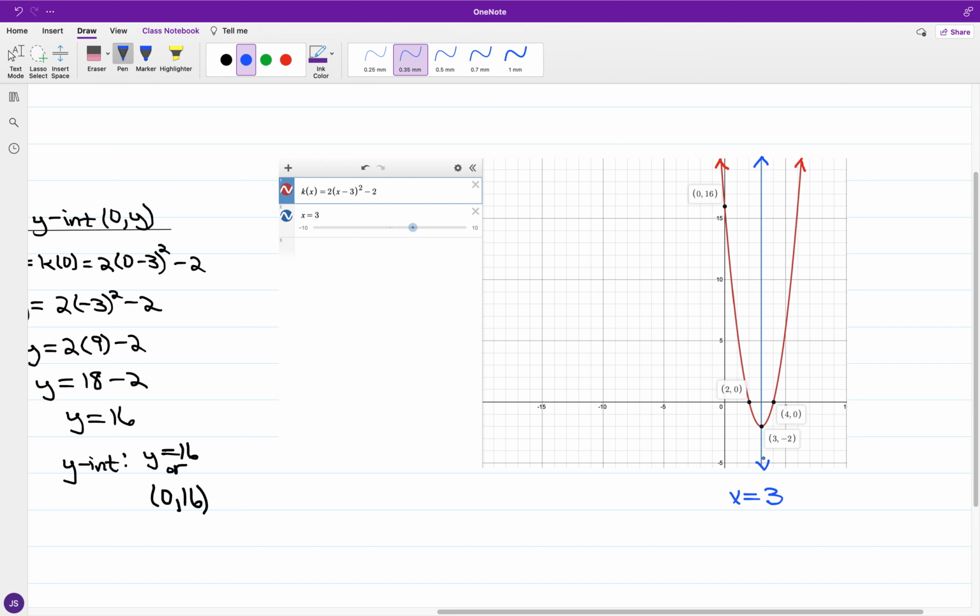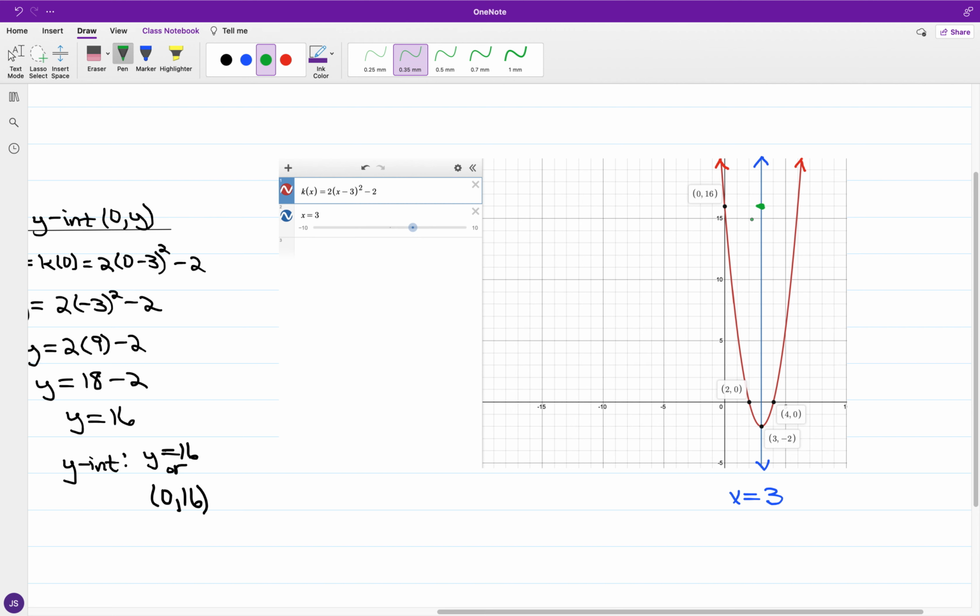And so if you notice, from the vertex, you have 3, -2, and once we go up, let's say to the x-axis, you notice that 2, 0 is one space to the left, and 4, 0 is going to be one space to the right. And if I were to find out what a fifth point is going to be, you could take, let's say, the y-intercept, and if you notice, we have just getting level at y is equal to 16.